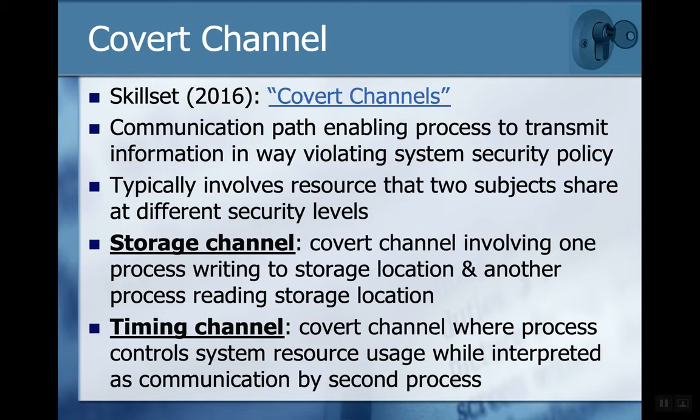We have what we call a storage channel. So it's a covert channel: one process writing to a storage location, another process reading from it. And a timing channel, where resources are interrupted as communication by a second process. So you've got a couple different ways of being able to deal with this.